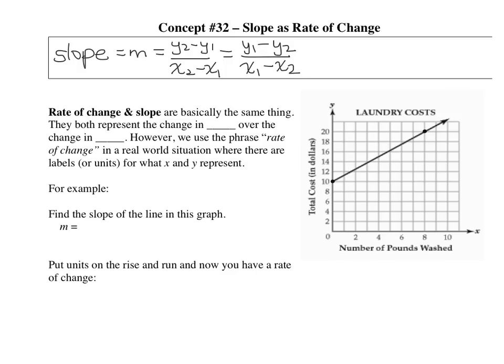And essentially, what that is, we're finding the change in y over the change in x, which we can represent change using delta. So we could say delta y over delta x.